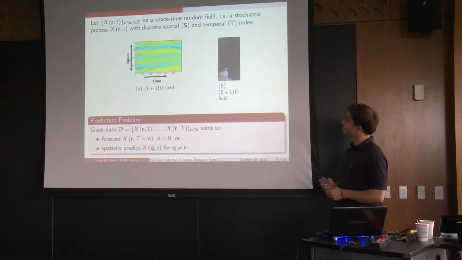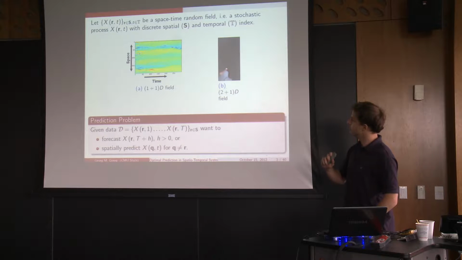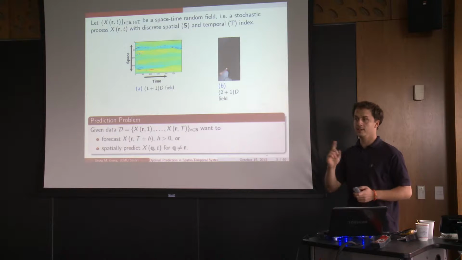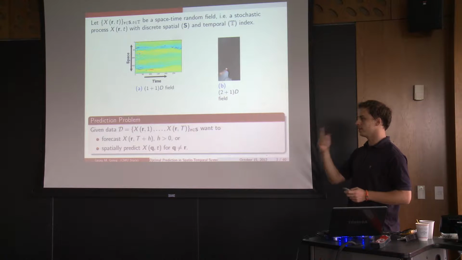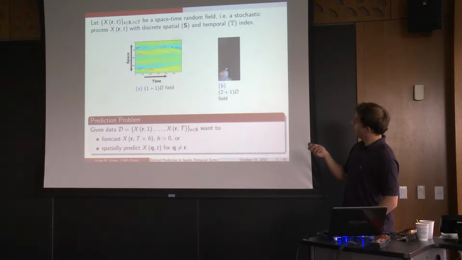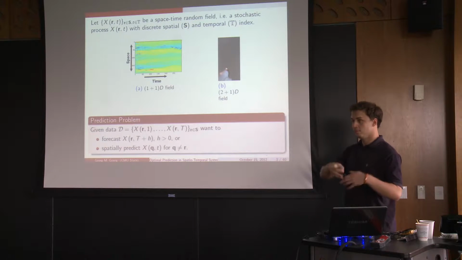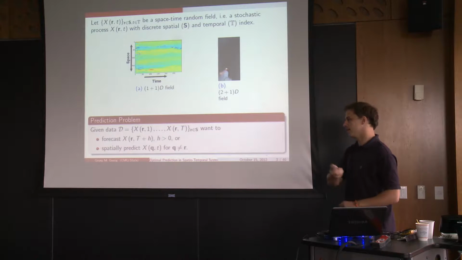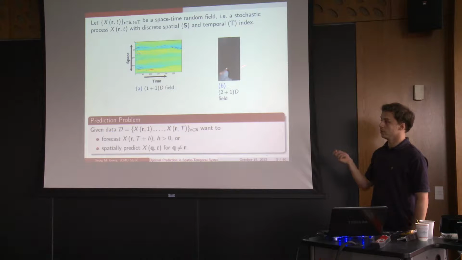The prediction problem is as follows. You have X of r, t, which is a space-time random field, or a stochastic process, indexed with a spatial coordinate and a temporal coordinate. Again, space can be 1 to n-dimensional, and time is always 1-dimensional. So here you have 1 plus 1d, and here 2 plus 1d.